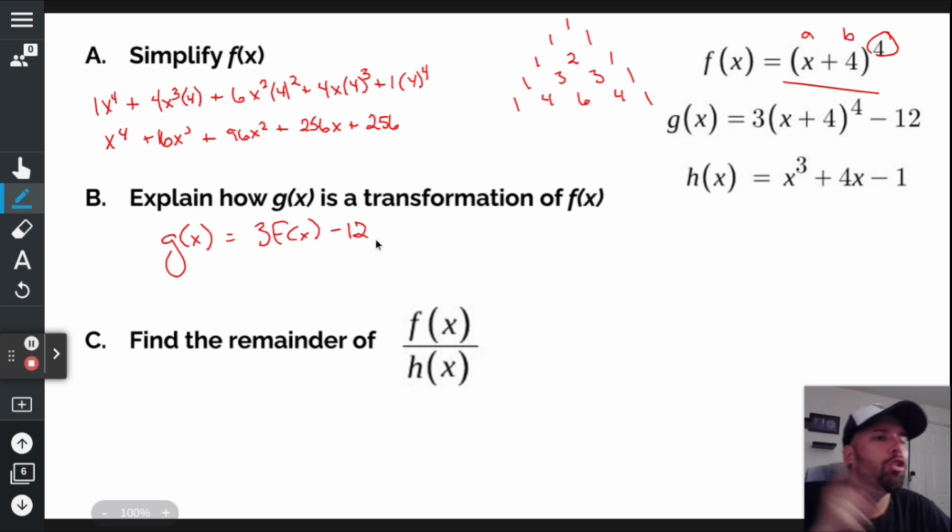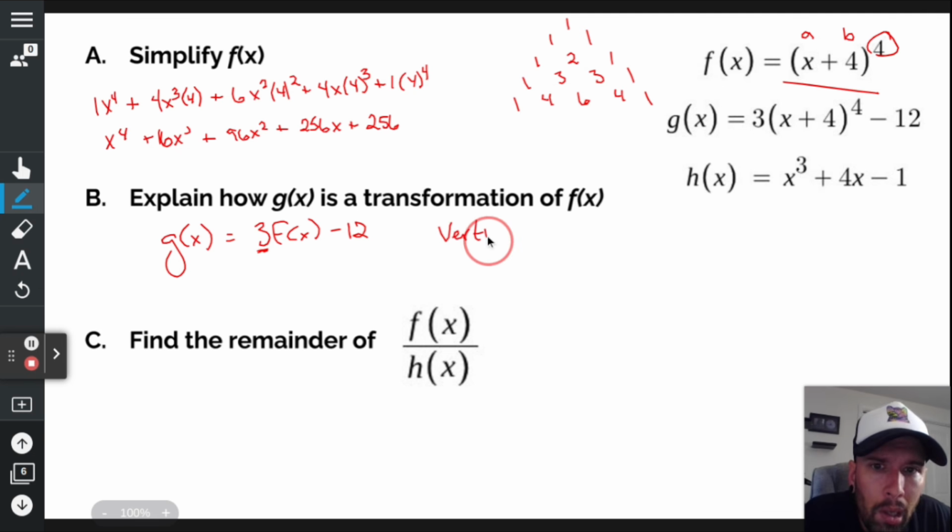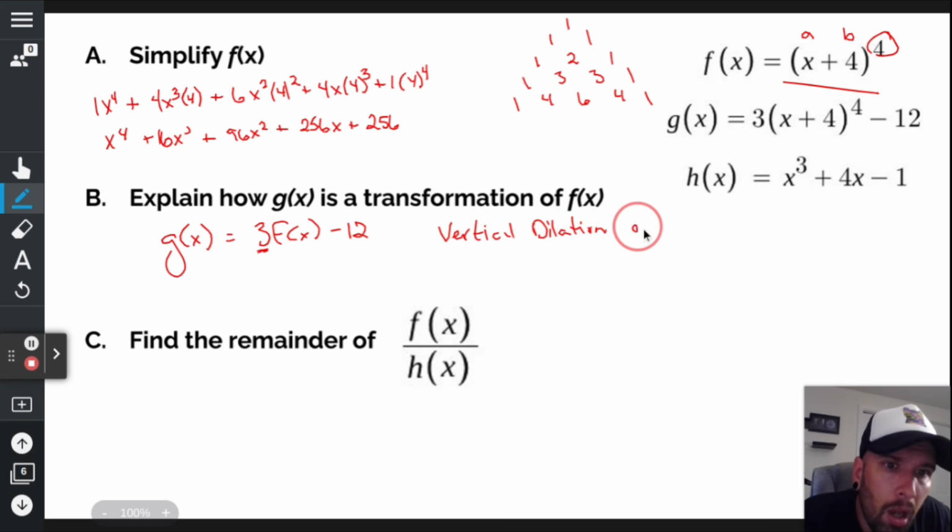Huh. So what I have is a vertical dilation of 3 because 3 lives in front of f of x. So let me say a vertical dilation of 3.